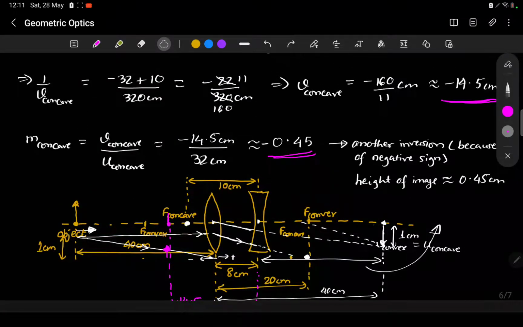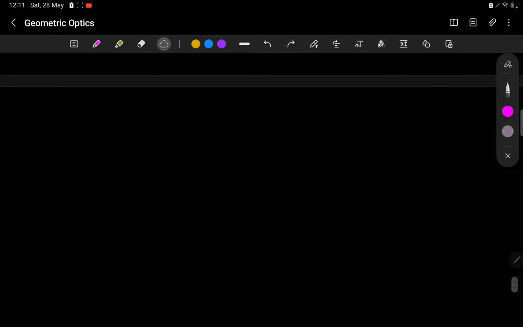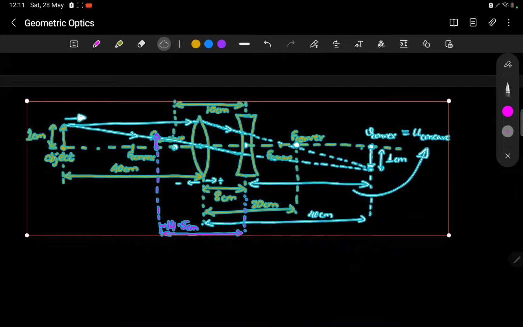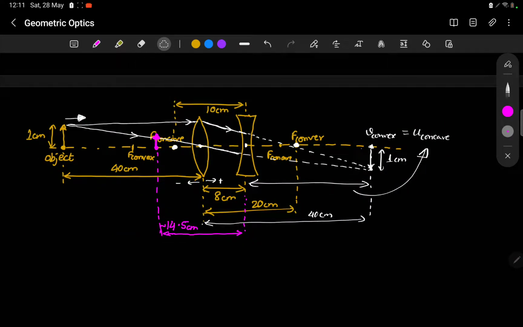Sorry about this. Let me paste it in a new page. So this is the final diagram that we have.